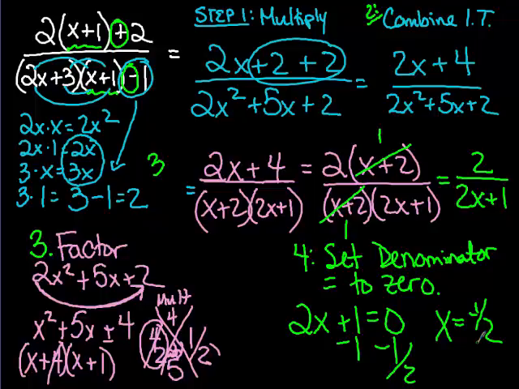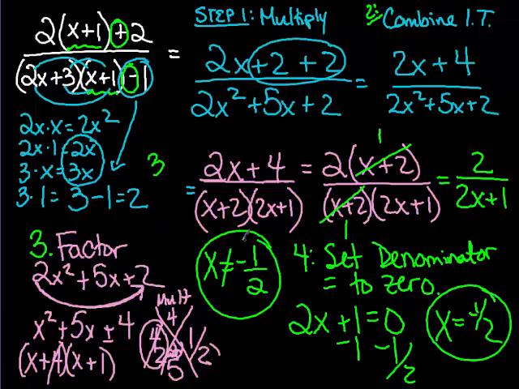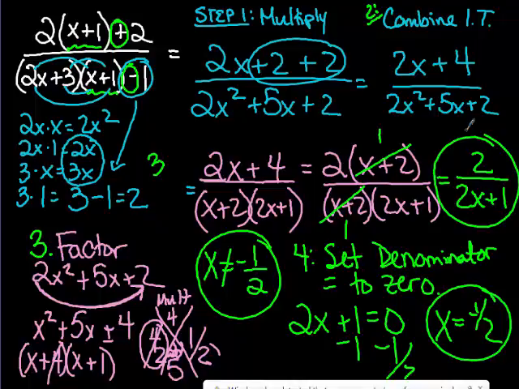So since x is equal to negative 1/2, that means that for our final answer, x cannot equal negative 1/2. And why? Because that will make our denominator 0. So our answer is 2 divided by 2x plus 1, and then x cannot equal negative 1/2.